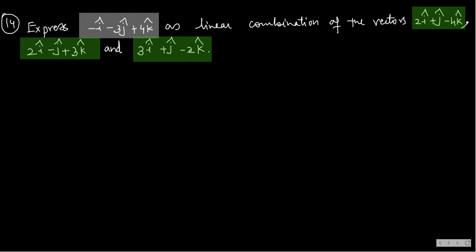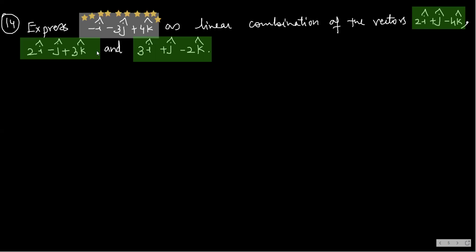See, I have to express this vector as a linear combination of the given other three vectors.